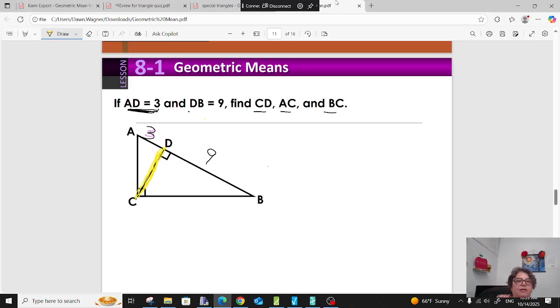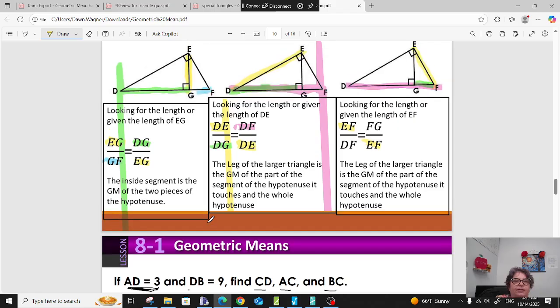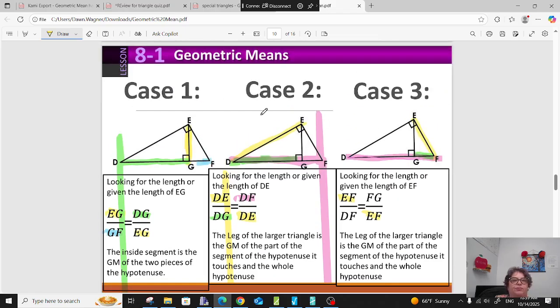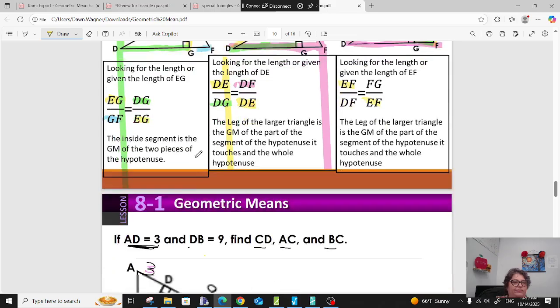So if I scroll up and look at my cases, which one am I going to use? Case 1, case 2, or case 3? Case 1. Case 2 and 3 are basically the same thing, by the way. They're just flipped around, right? So case 1, which means I use the parts.